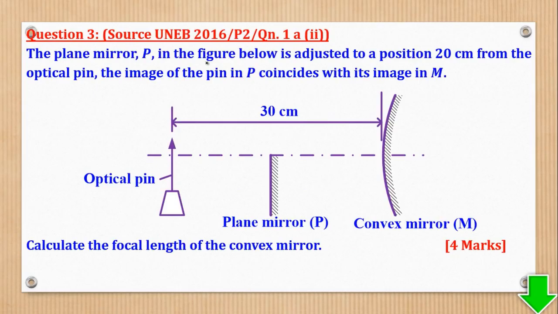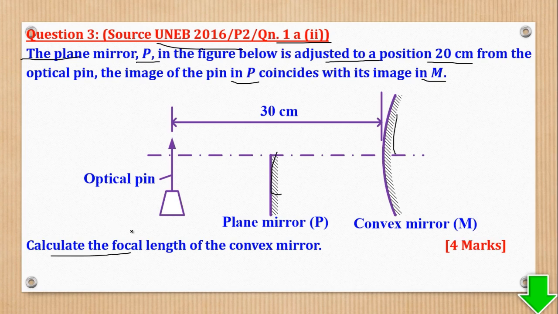Then question 3 came from UACE 2016 paper 2 question 1A Roman 2 and says the plane mirror P in the figure below is adjusted to a position 20 centimeters from the optical pin. The image of the pin in P coincides with its image in M. So this is the plane mirror and this is the curved mirror.